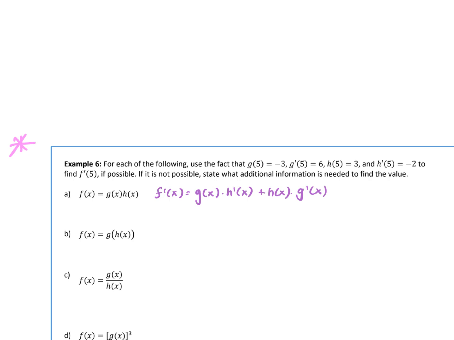So g of x, oh, we wanted f5, so we want f prime of 5. So f prime of 5, so g of 5 is negative 3. H prime of 5 is negative 2. H of 5 is 3. And then g prime is 6.